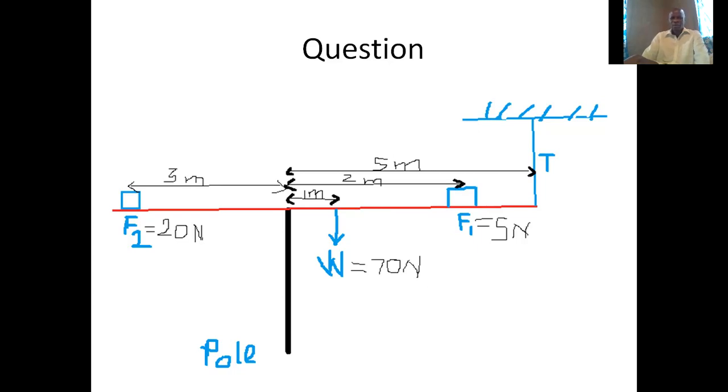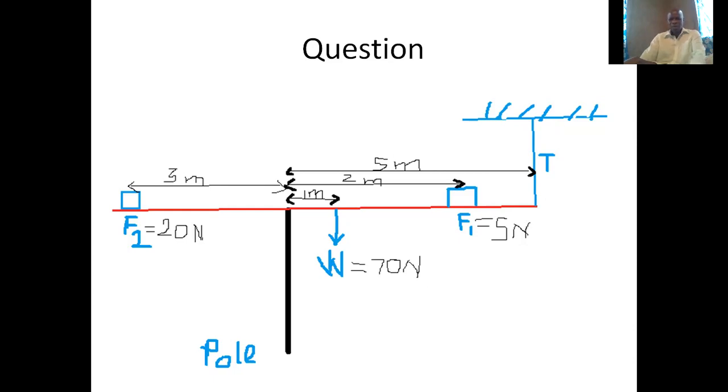And in this question, even if this force T is on the same side as F1 and W, this force T is pulling in the anti-clockwise direction because it's pulling upward so that this pole does not drop in the clockwise direction. And so I thought this is a very basic question which can help us to understand the principle of moments.